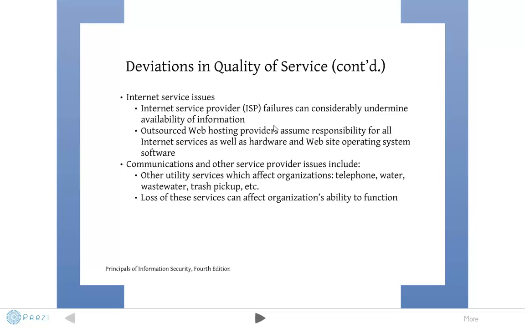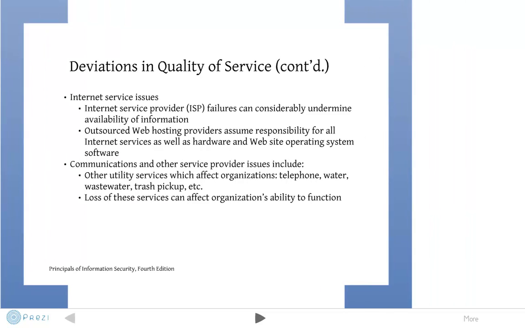That's why companies today, I think a lot of times don't make that connection. They look at security as simply making sure that data doesn't get in the wrong hands. But as time goes on, I think we're going to see the quality of services being more of a security consideration.